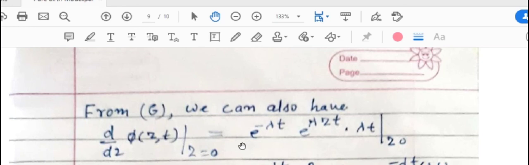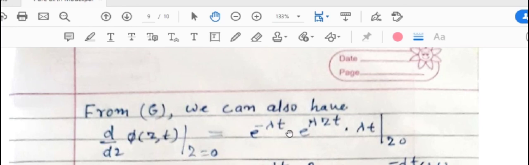We have just derived the values; we will equalize them, and what we get we will check next time. So up to this part, I am going to wind up today, and we will continue tomorrow.